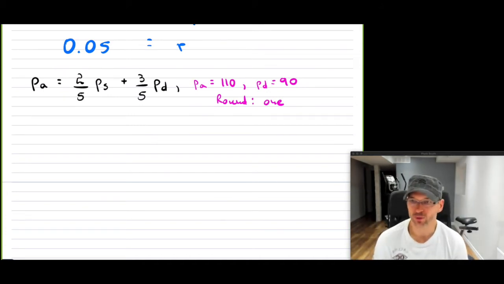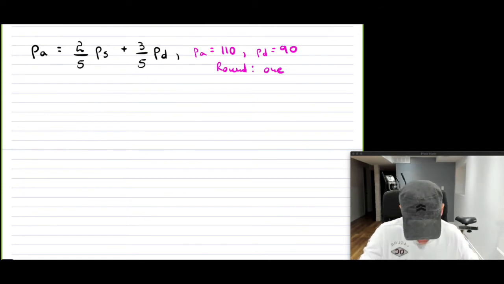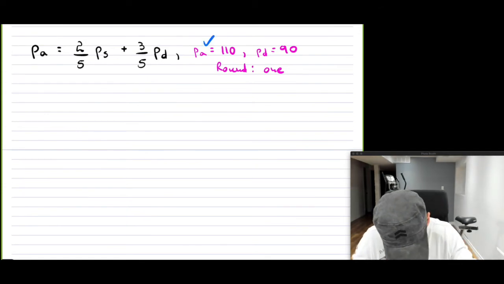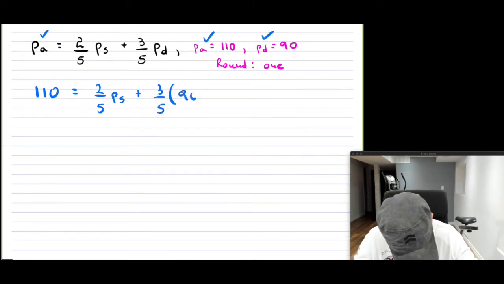This is hopefully a little bit shorter. So let's take a look. Let's substitute everything back in. So PA, let's substitute that in. This is 2.5, I don't have PS, plus 3.5, I do have PD, which is 90.